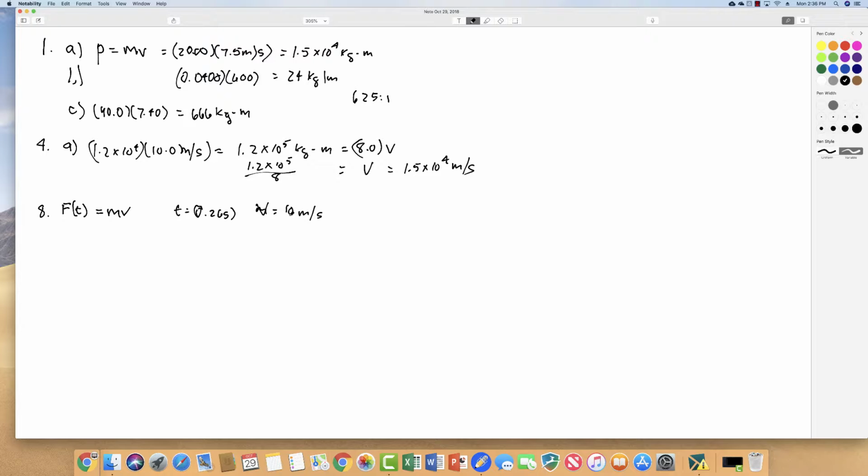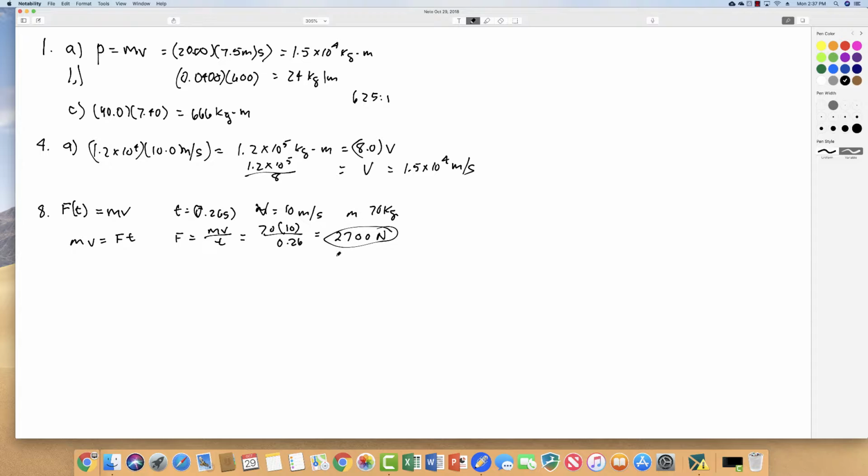And it says calculate the force on the seatbelt exerted on a passenger if his mass is 70 kilograms. Okay, so mv is equal to Ft. So the force is going to equal mv divided by t, which is going to be 70 times 10 divided by 0.26. And if you do the math here, you get 2,700 newtons.